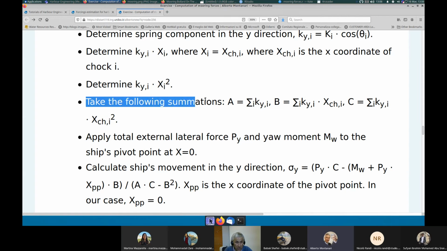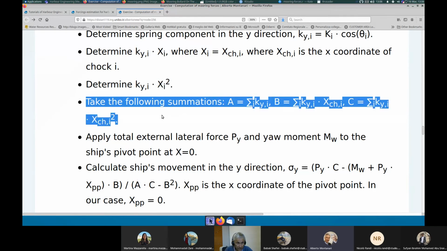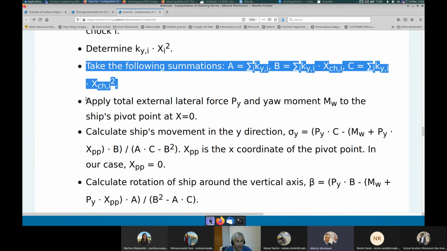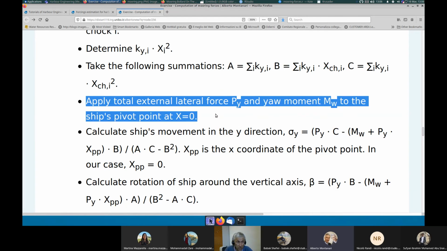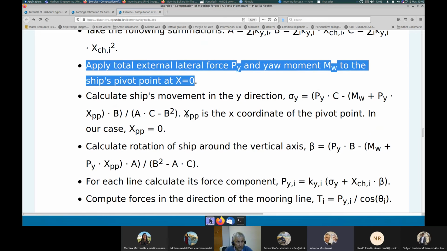And then we have to take the following summations. So let's not wonder why we have to take these summations. And then we have to apply the total external force Py and yaw moment to the ship's pivot point. Good.